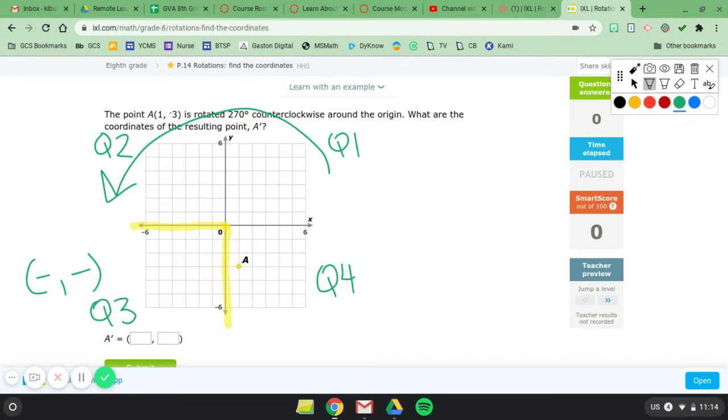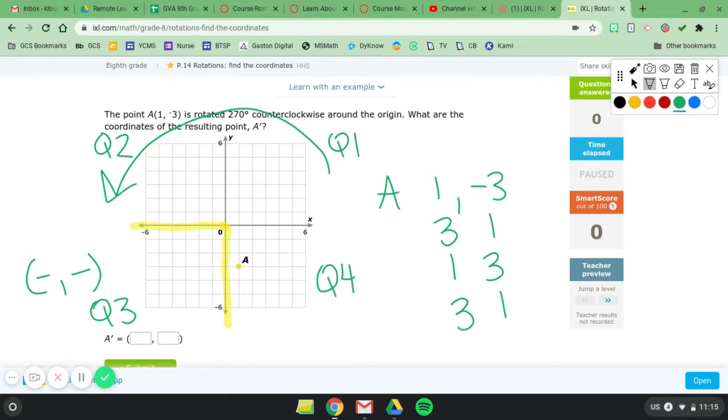Every 90 degrees, your x and y values actually switch places. So if we start with A at 1, -3, 90 degrees will have the 3 and the 1 switching places. 180 will have them switching back, and then 270 degrees will have them switching again.